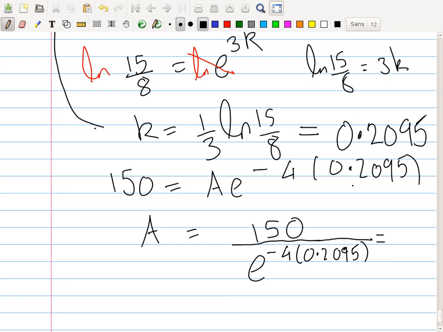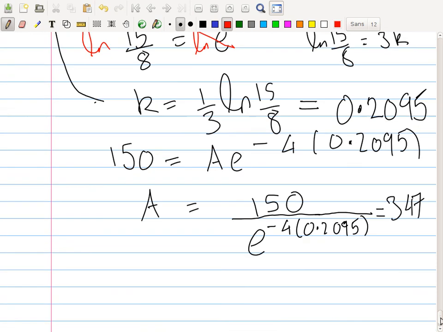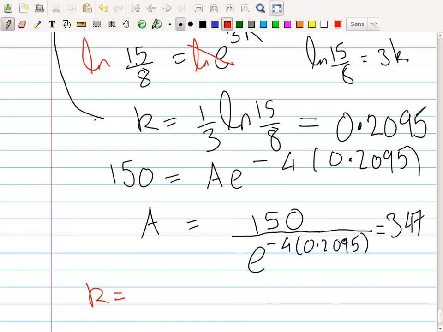So the answer is 347 when you round it off. So I get now k equals 0.2095, and then A equals 347. Now if you want to do 3 significant figures, that would be 0.210.